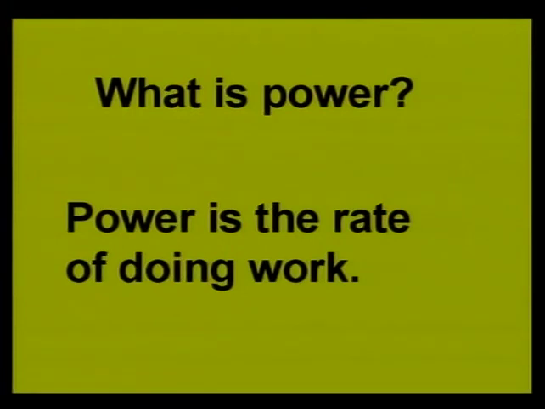It can be in joule per second. 1 watt is simply equal to 1 joule per second, or it can be in kilowatt. 1 kilowatt is equal to 1 kilojoule per hour. Those are some units of power.